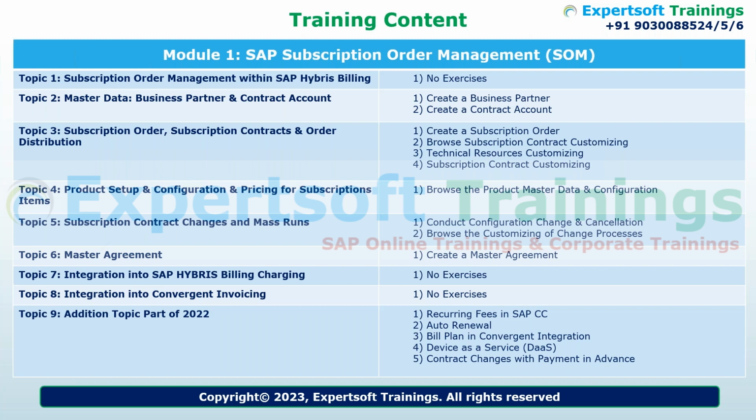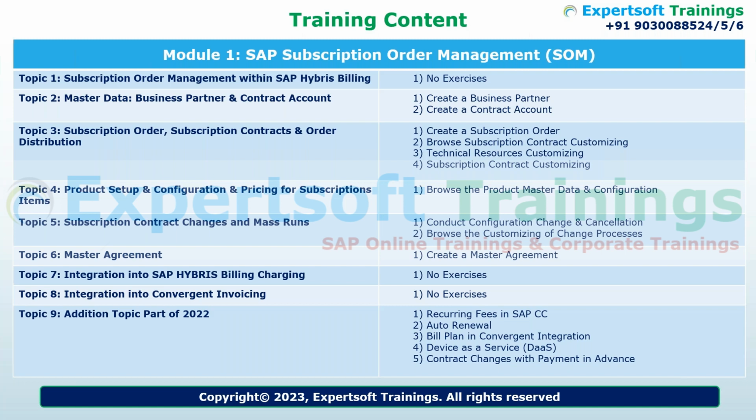Now we have subscription order, subscription contract, and order distribution. There are various intakes. As part of this training, you will find out how exactly order management works, where the order intake comes from, and how the distribution of the contract works. There are various topics, including creation of an order and the customization you need to do in order to start your subscription.